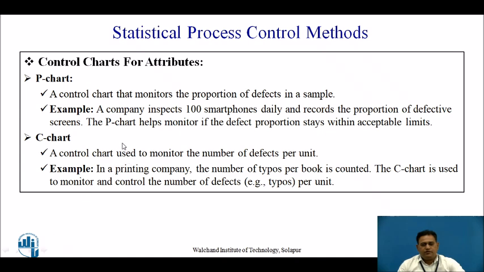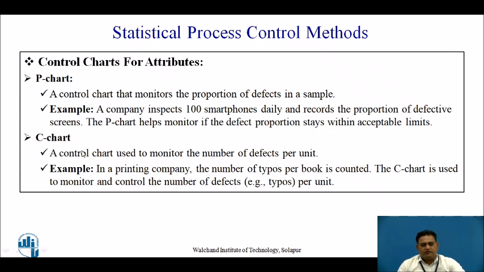Here the P chart helps us to define the defect proportion, okay, with the overall observations which are being done for the particular smartphone, and based on that the acceptance limitations can be declared, that can be observed and that can be declared the counts.